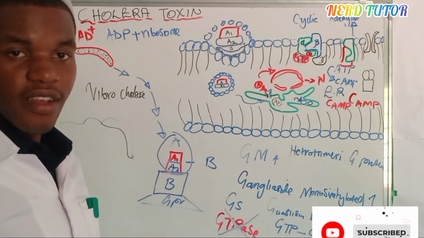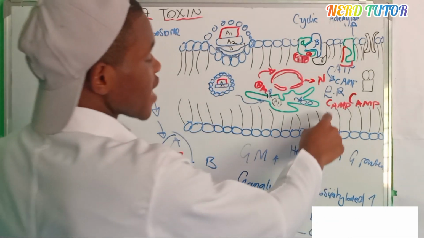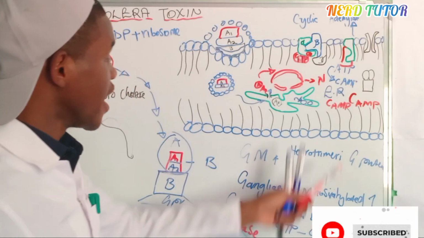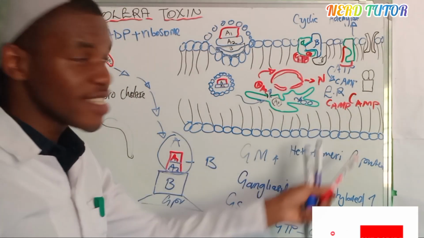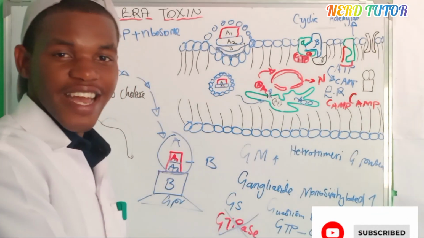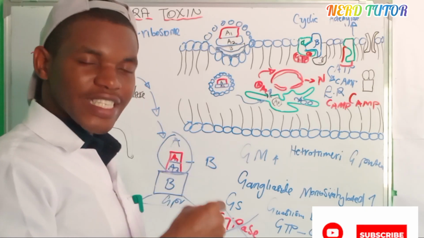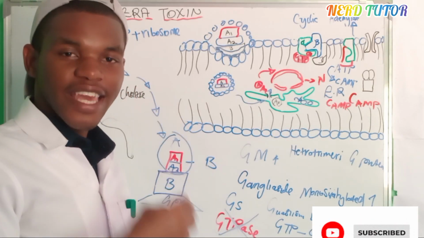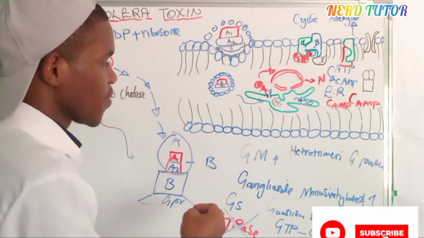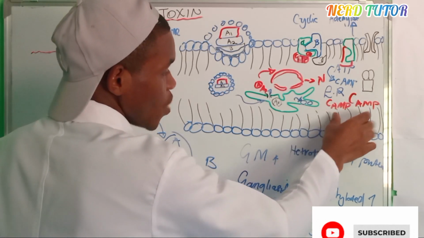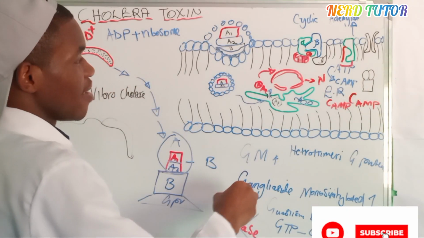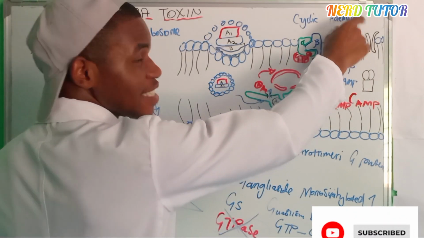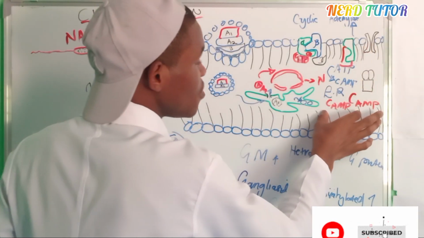Now, when there is a lot of cyclic AMP inside the cell, it is going to stimulate an enzyme which we call protein kinase A. The A is denoting adenosine. So these molecules, made by the adenylate cyclase enzyme, will stimulate this enzyme.